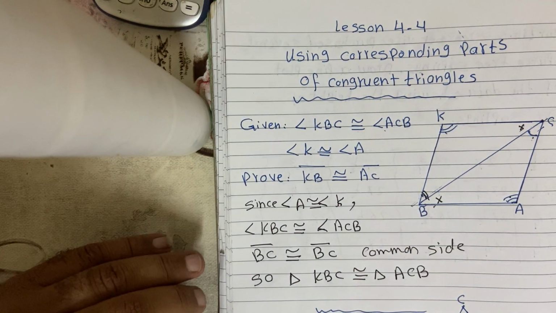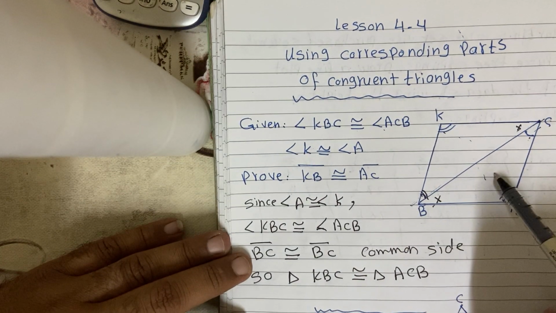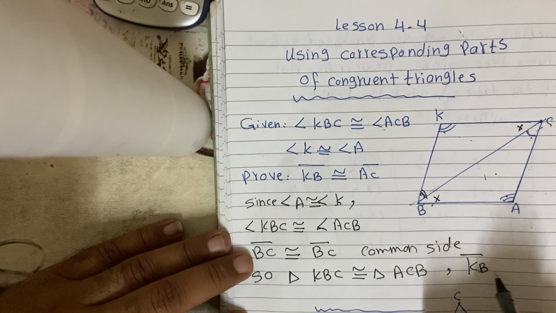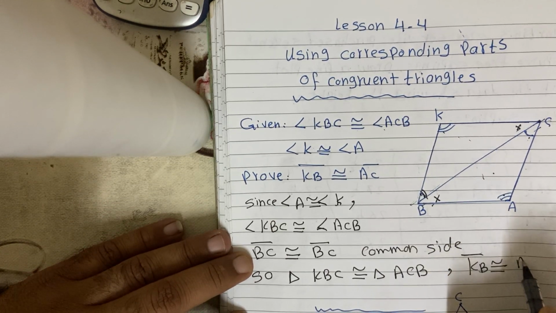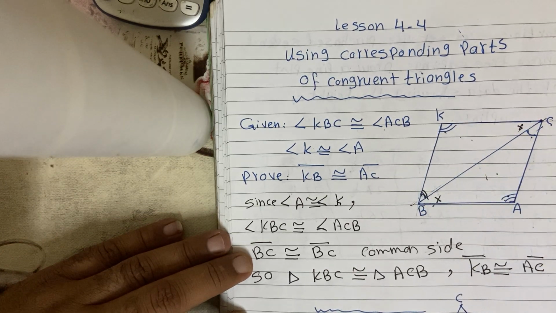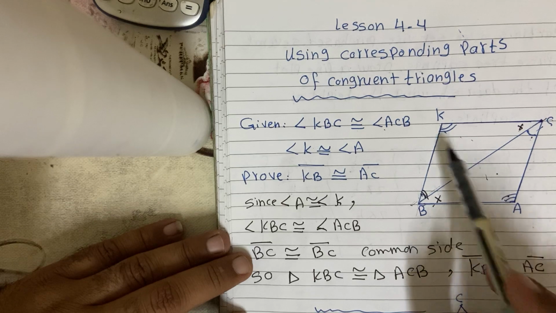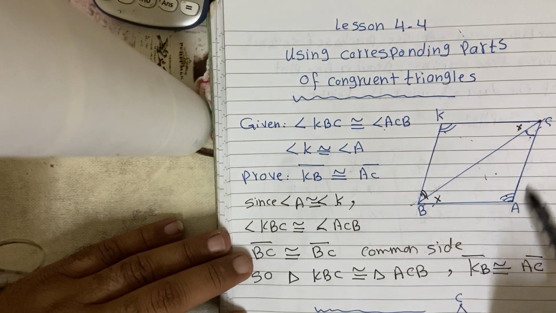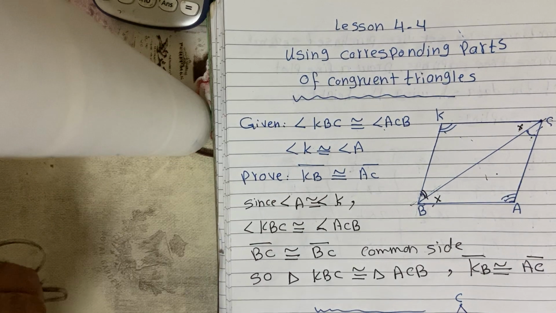And because the two triangles are congruent, so KB is congruent to AC, or equal in length.